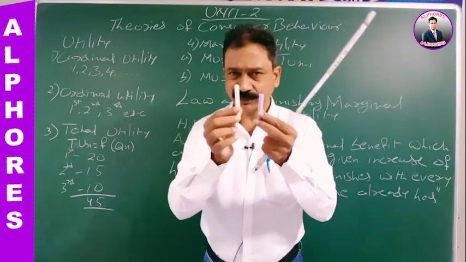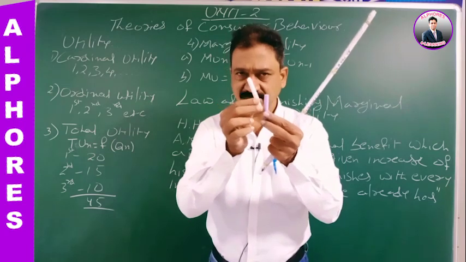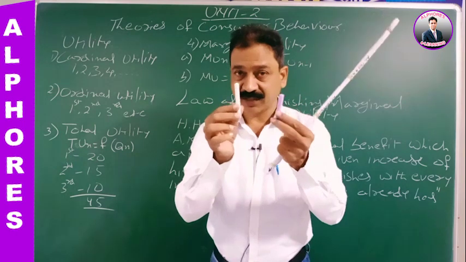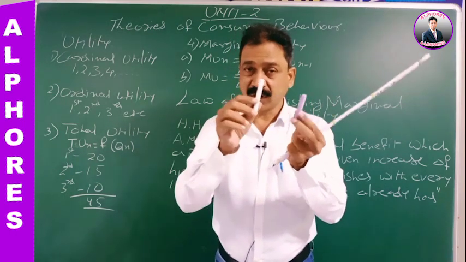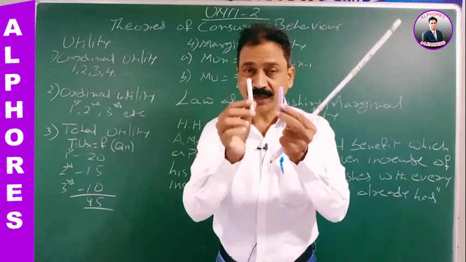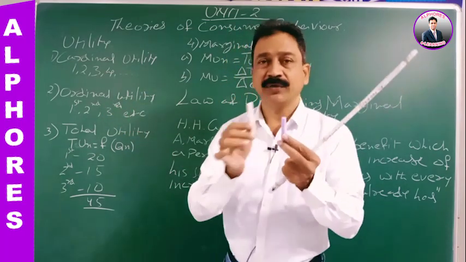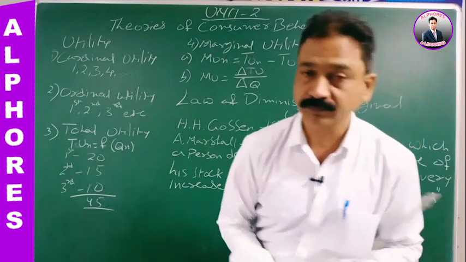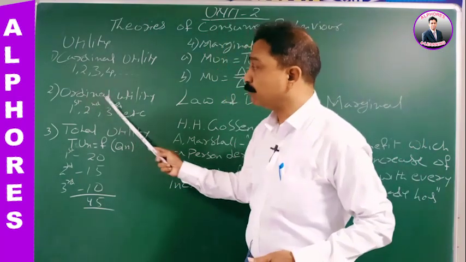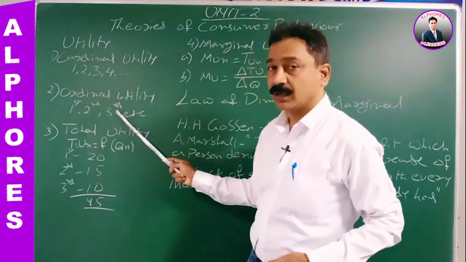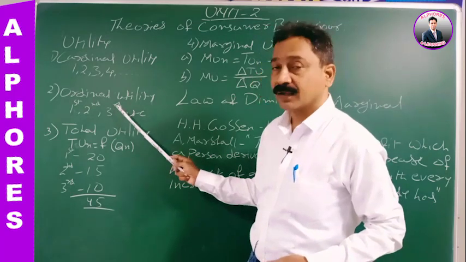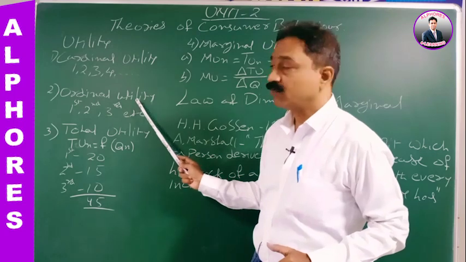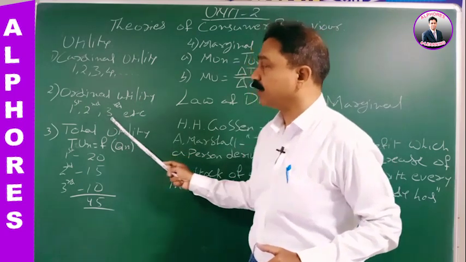You got the exact idea? Bigger than this one, smaller than this one, this comparison is only possible with ordinal utility. So when we use ordinal numbers to compare utility, then we will call it ordinal utility.